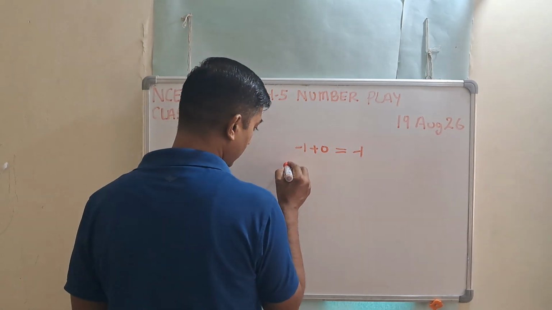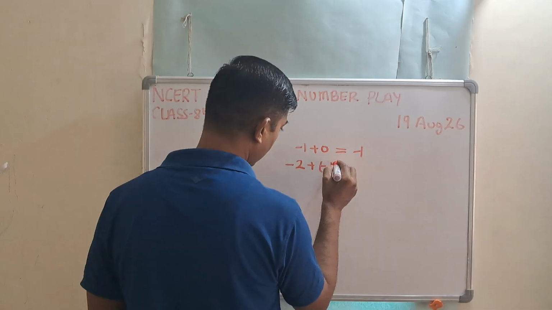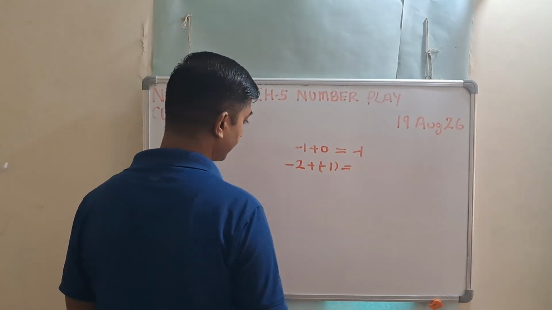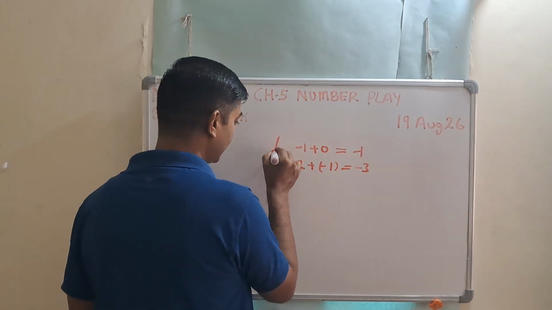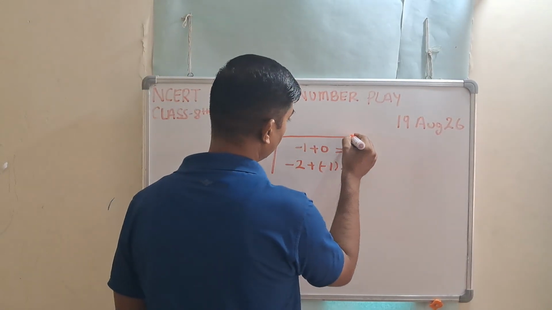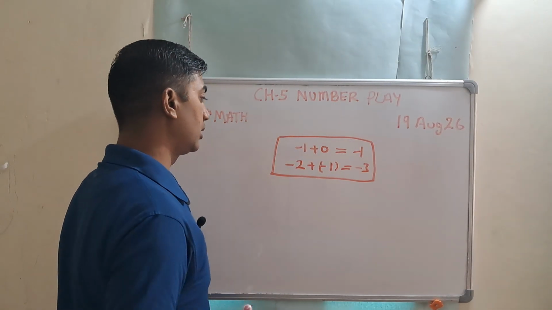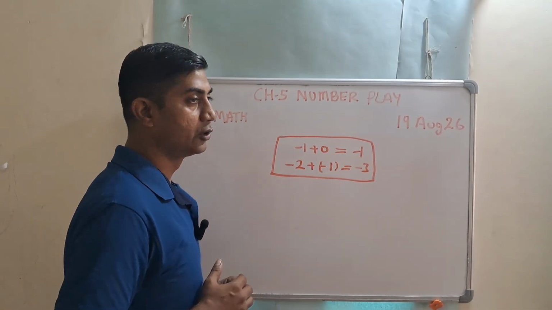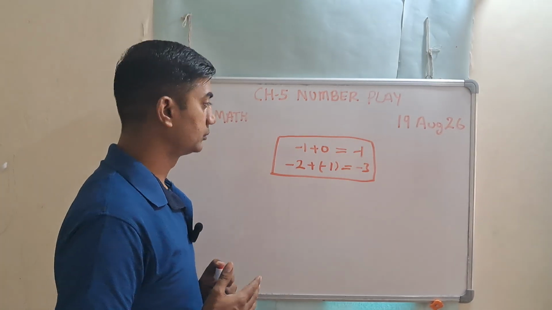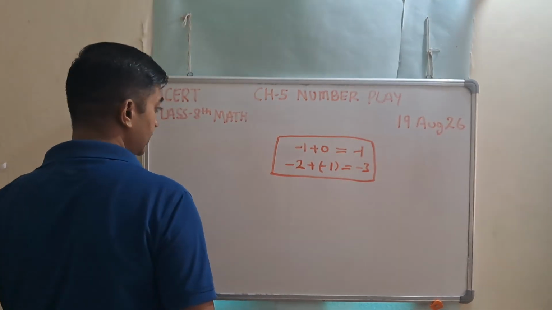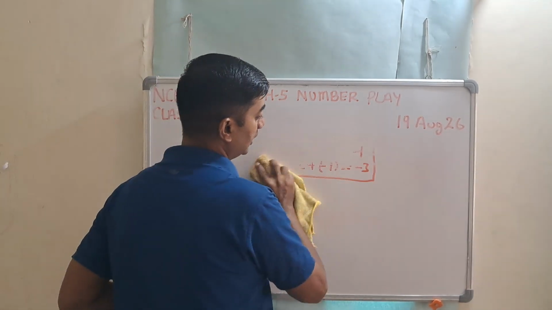And if we take -2 plus -1, we will have a result -3. Means it is not possible to get the result 0 by adding two consecutive numbers. You will always get a different result other than 0.